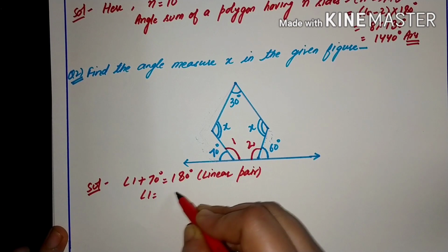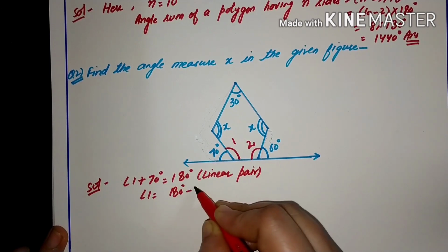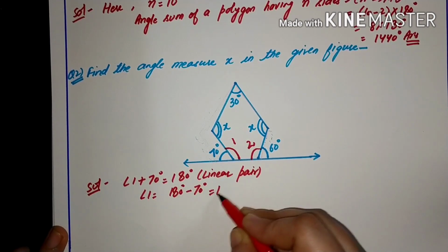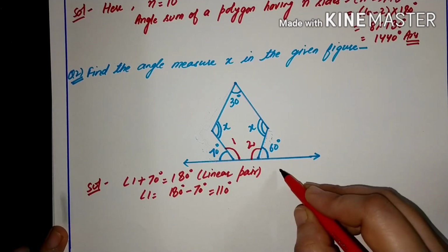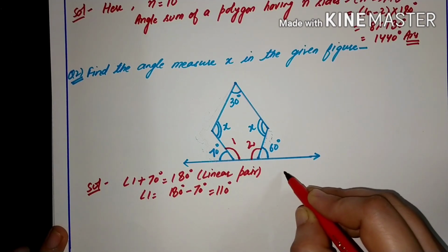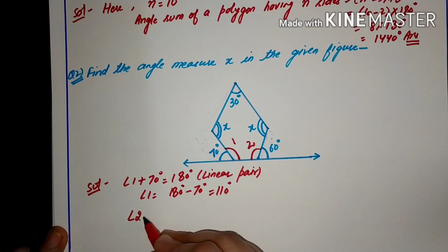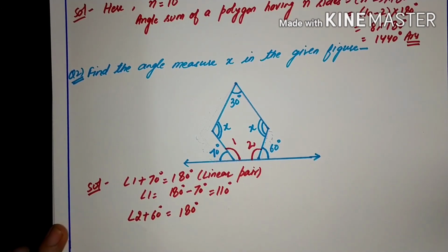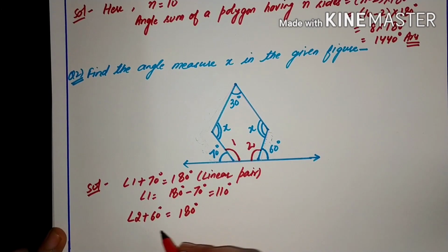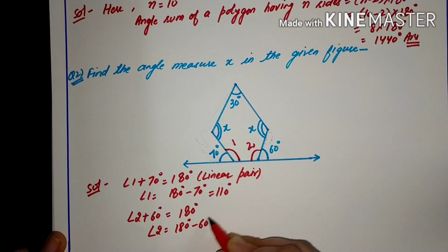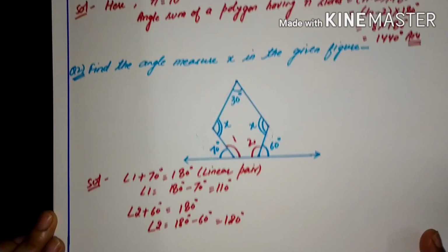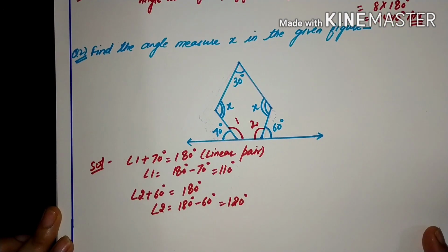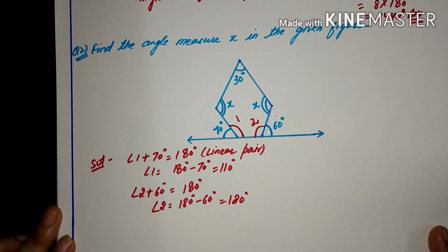So angle 1 will be equal to 180 minus 70 degrees, that is 110. Similarly, angle 2 plus 60 degrees is also equal to 180 degrees. So angle 2 will be equal to 180 degrees minus 60 degrees, that is 120 degrees. So we have got the values of the angles which were not known to us.